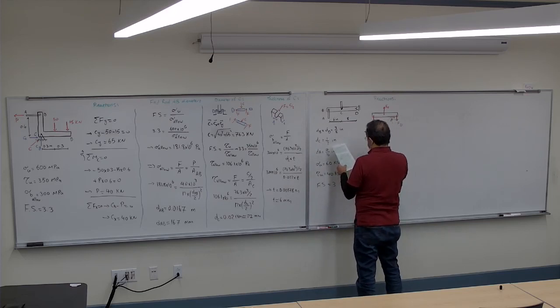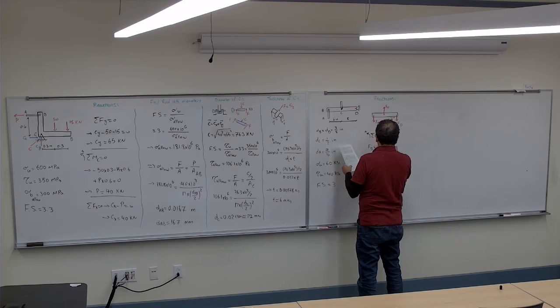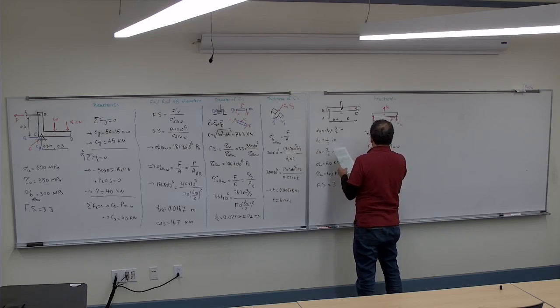So what I'm going to get is that F at B times 14 minus F at C times 8 would be 0. If I simplify that, it gives me that FC is going to be 1.75 of the F at D.